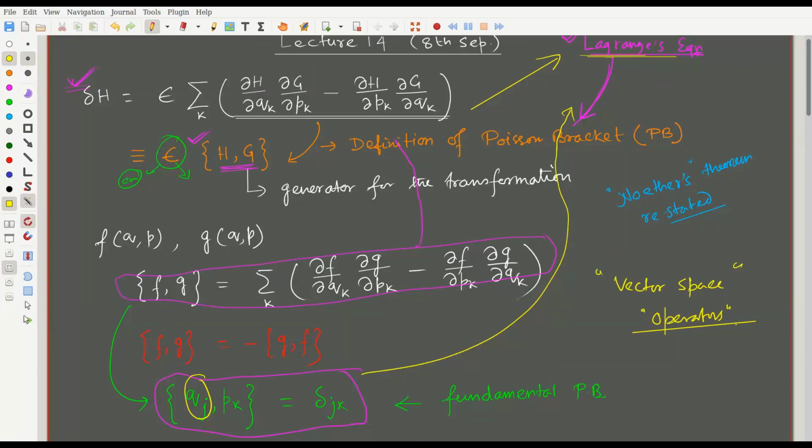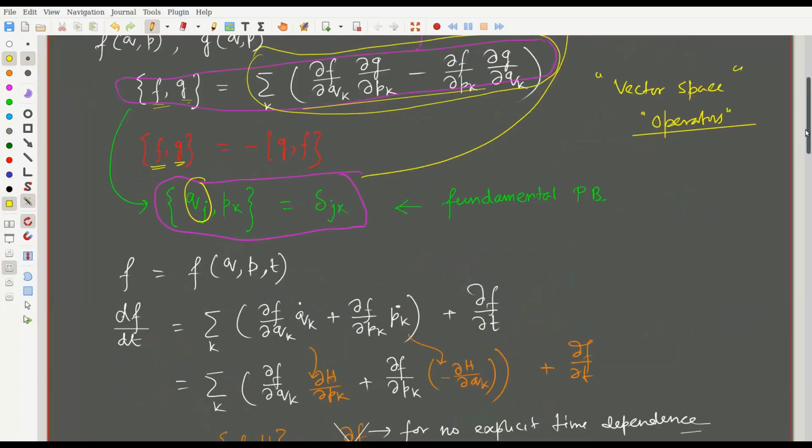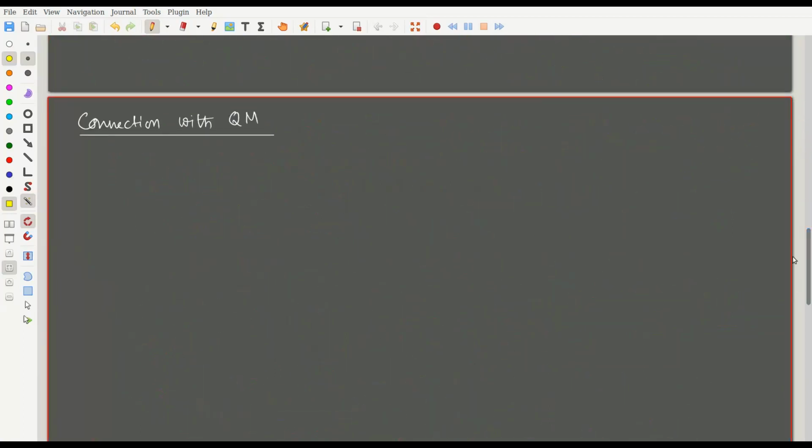So you notice the F and G, whose Poisson bracket relations were defined by this. If I do not care about these things, notice again, I had certain properties of these Poisson brackets.